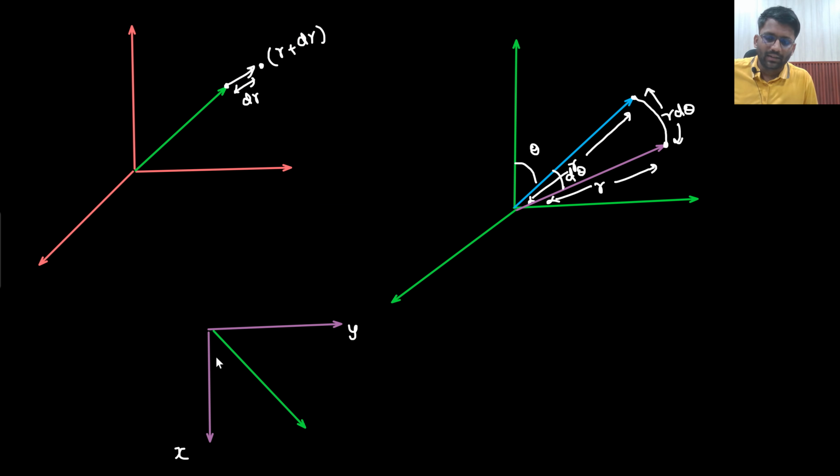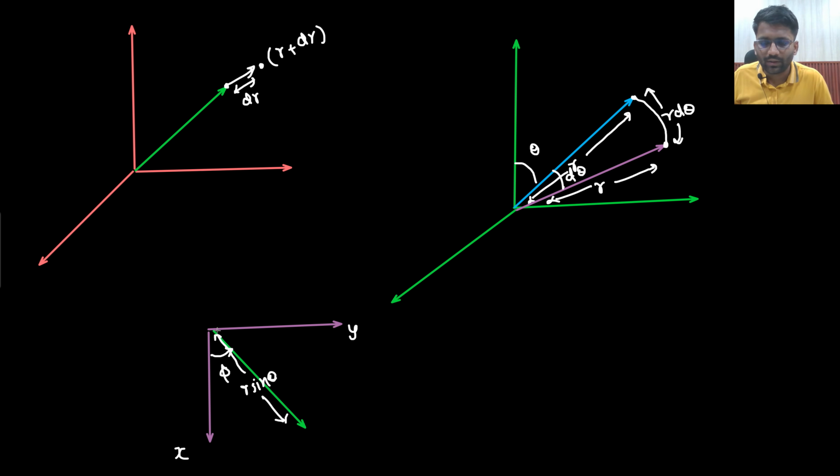R sin theta, and you are already at angle phi only. And the distance is r sin theta. So from phi you need to go to d phi.